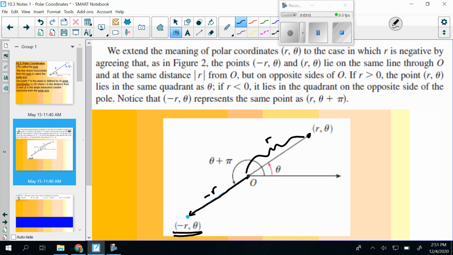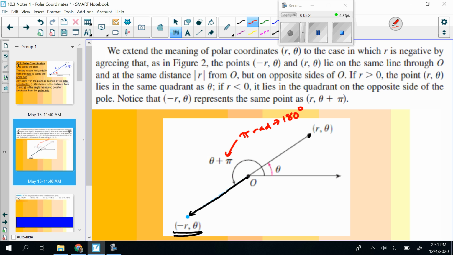Another way we could describe that same point would be to add 180 degrees, or most times in polar we're going to be in radians. So remember, pi radians is the same as 180 degrees.